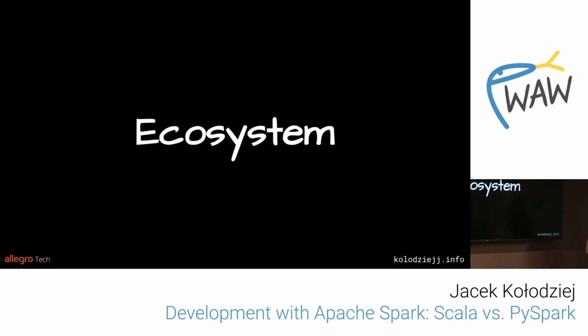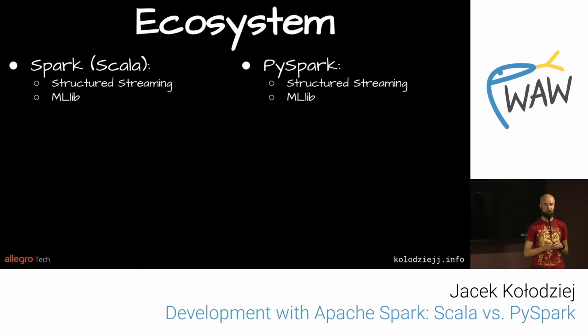I've talked about differences between languages, but it's not only the language that we need to consider. We need to also consider ecosystems of these languages, and they're quite big. Both in Scala world and in PySpark world, we can use Spark libraries for either structured streaming or machine learning. These are both available both for Scala and for PySpark.